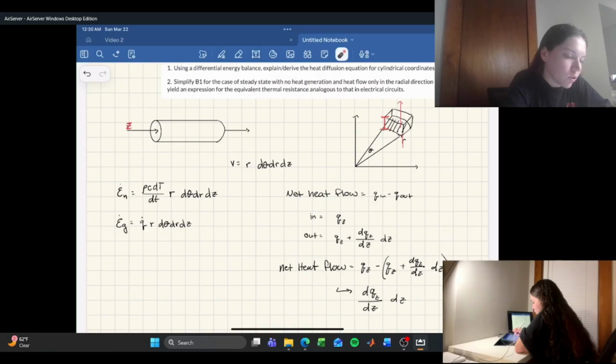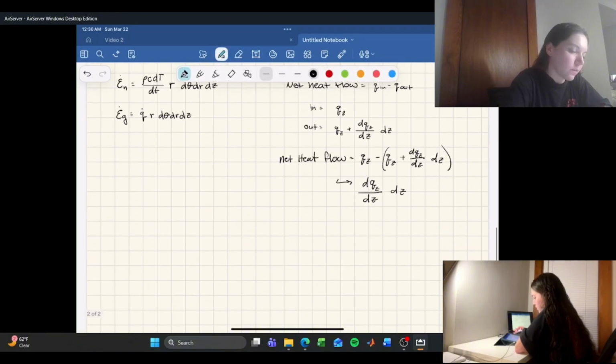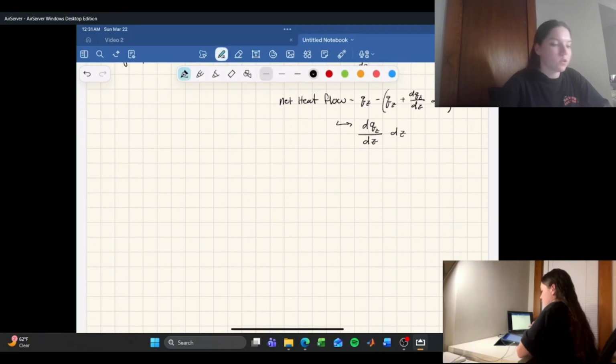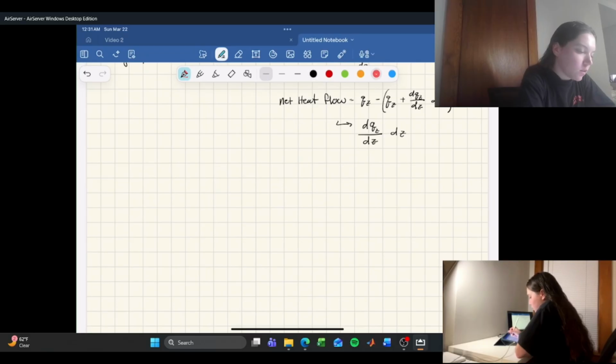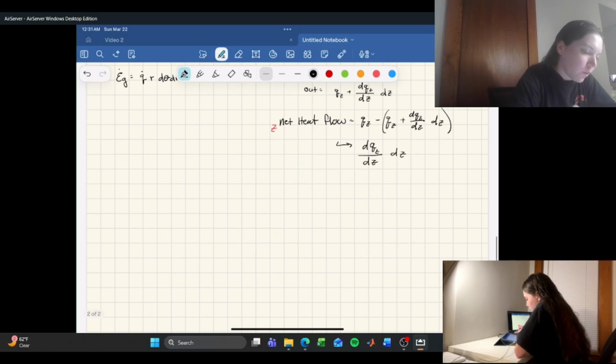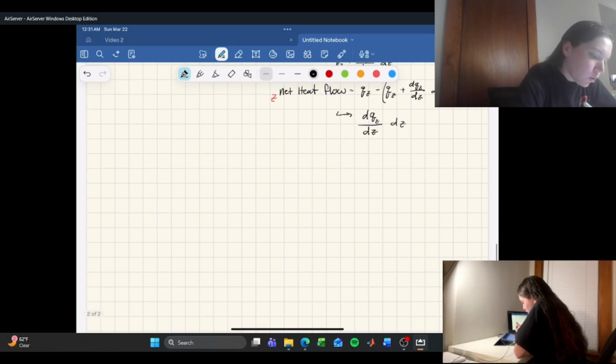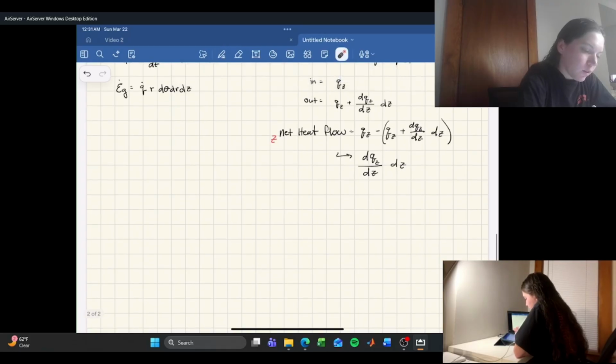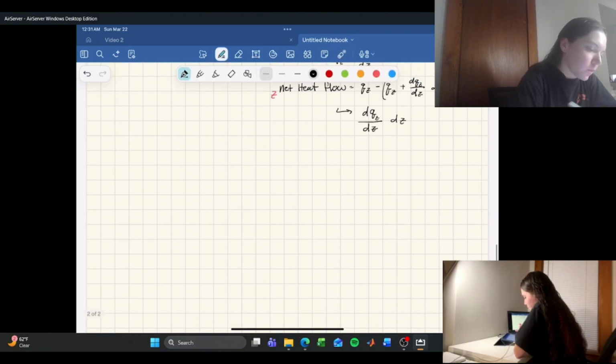So now we want to do this again, but we want to model the change along the radius. So this was in the z direction. So then the net heat flow in the r direction, it was going to be the same thing, but instead of dz and qz, it's all going to be r, for the change along the radius.